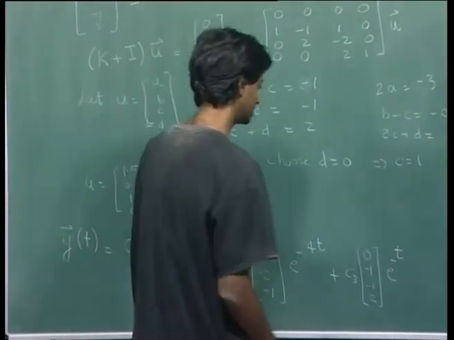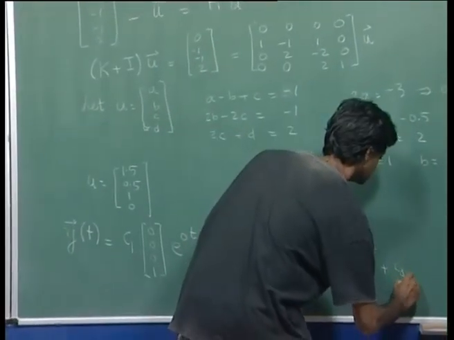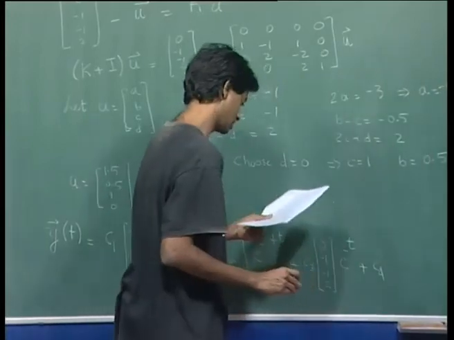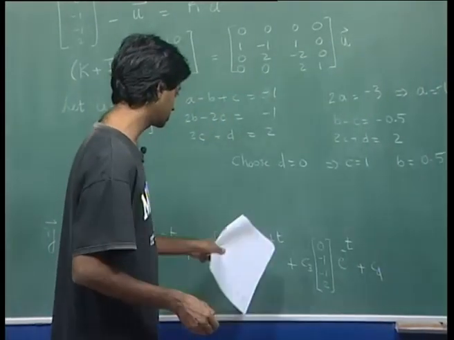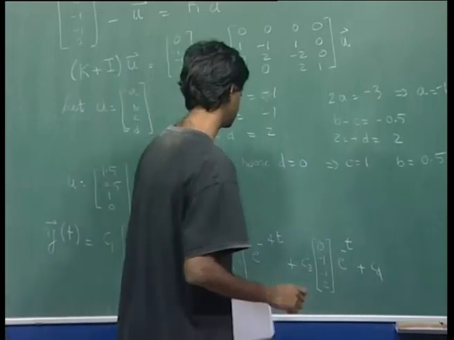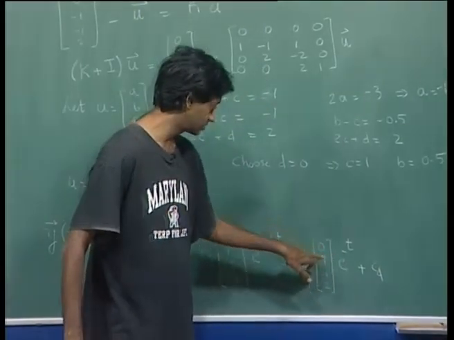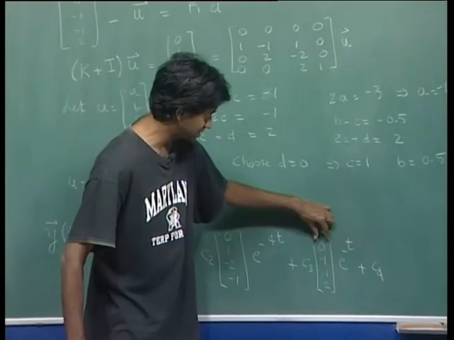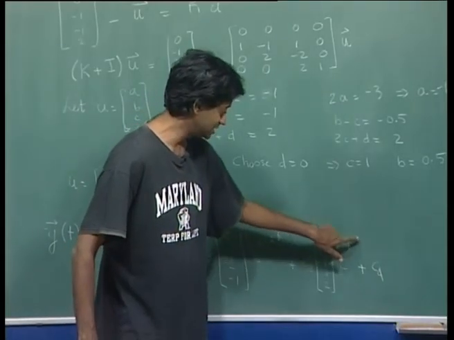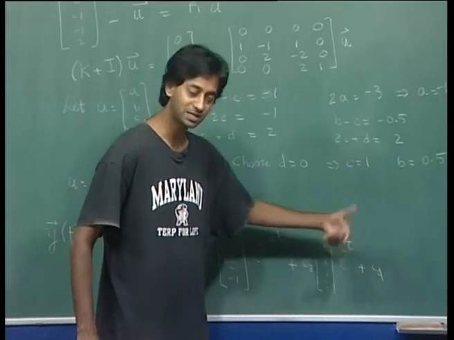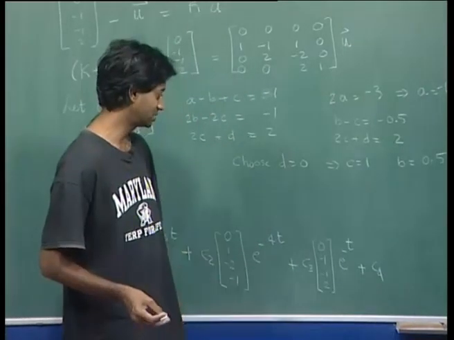And last one, C4, and now what we did to solve this, we assumed a form of the eigenvector into t e to the minus t plus u e to the minus t.